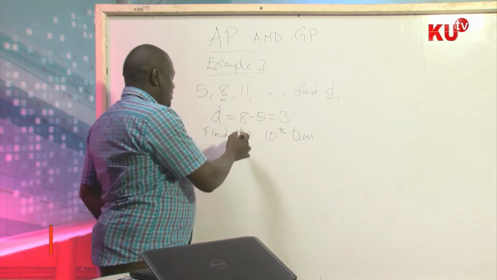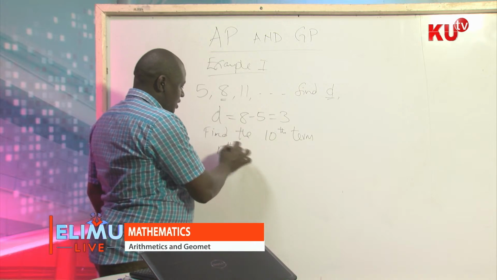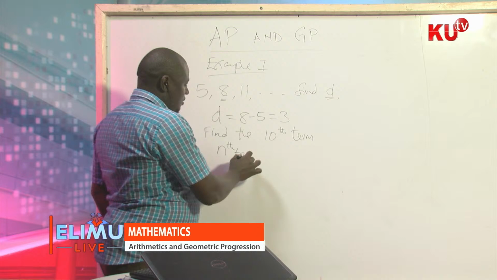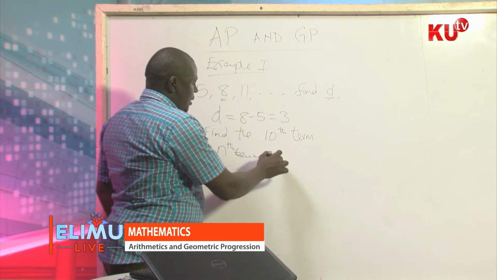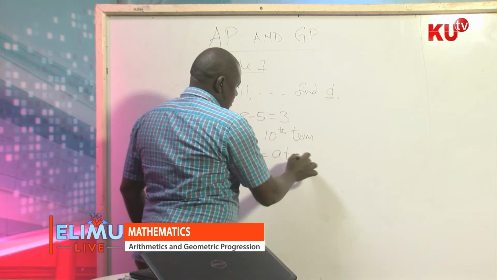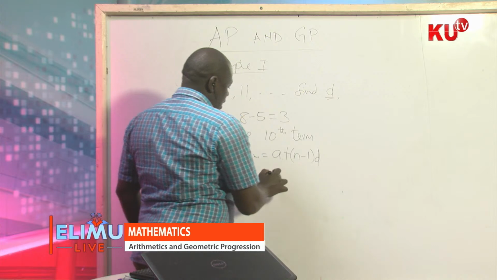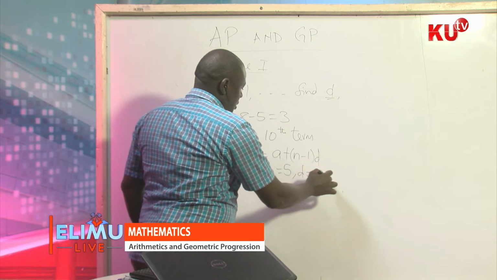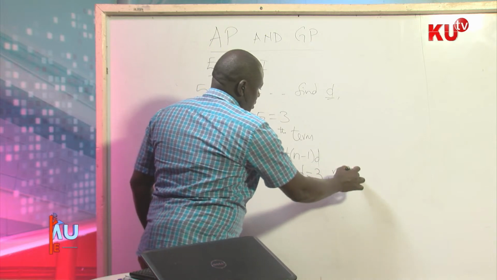We said that the nth term, as I had indicated in the formula, is given by a plus n minus 1 d. Our a happens to be 5, our d is 3, and our n is 10.